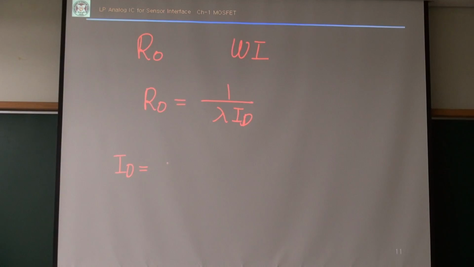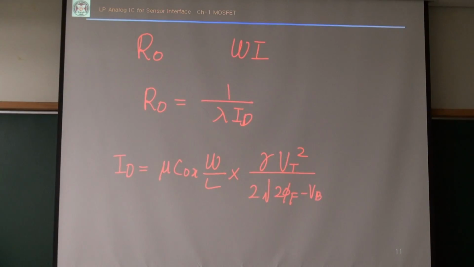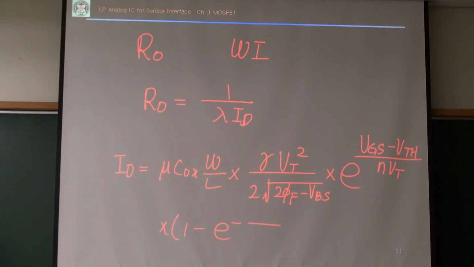It's something like mu Cox W over L times gamma Vt squared times square root of 2 phi f minus Vbs, times exponential of Vgs minus Vth over nVt, times 1 minus exponential of minus Vds over Vt.